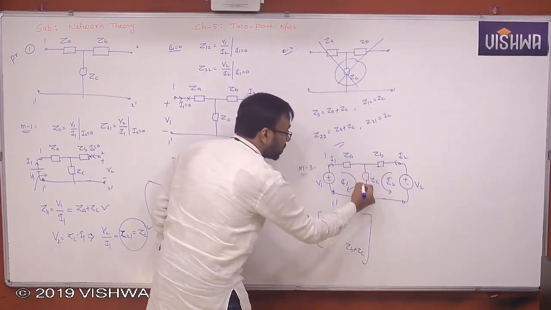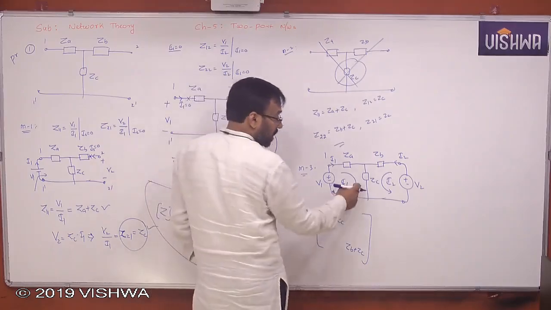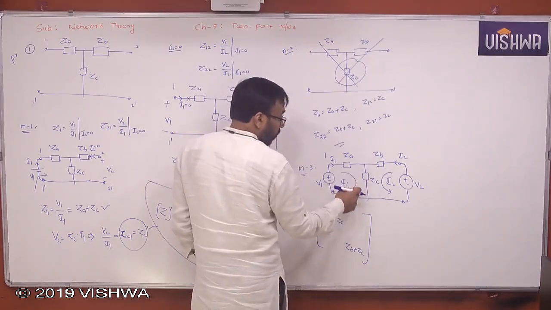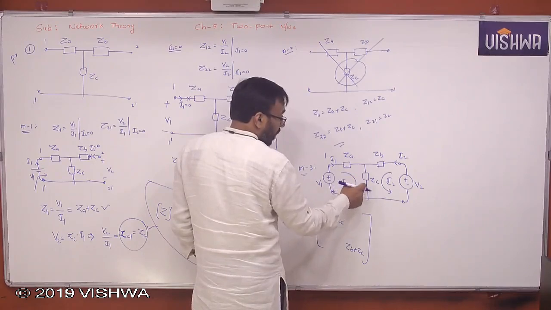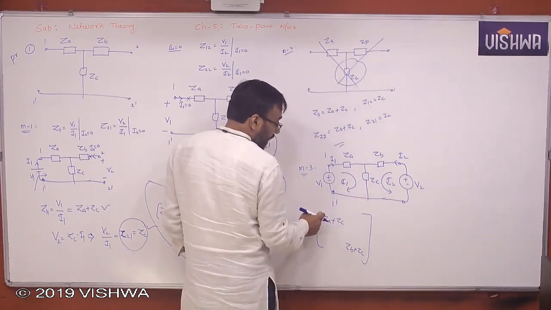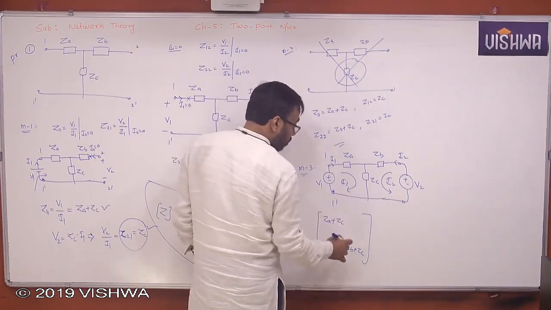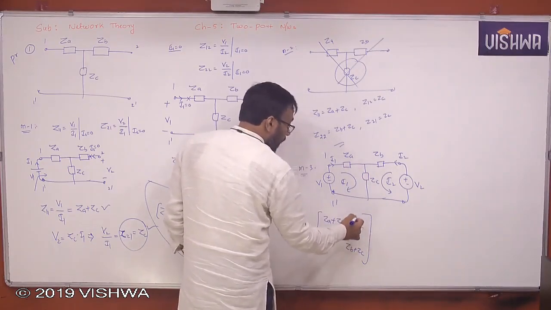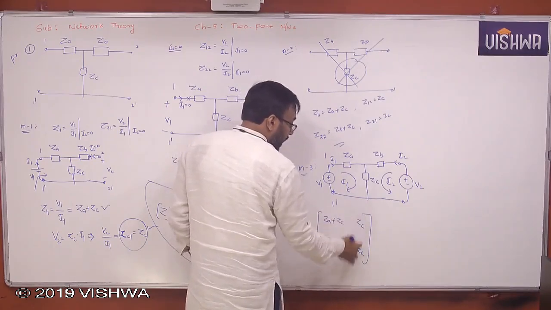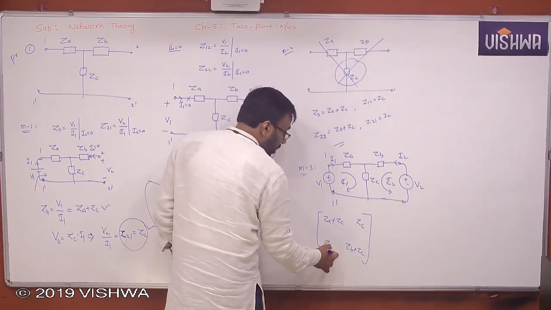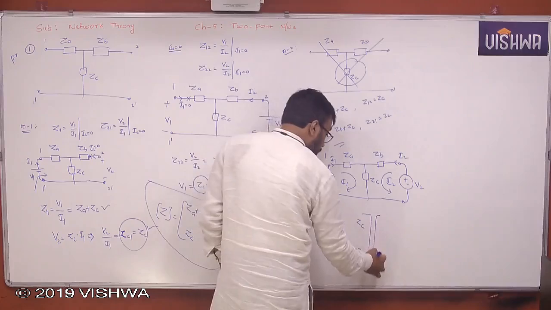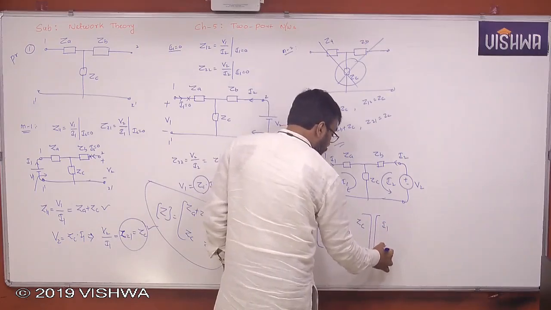Common element to the first and second loop: how are the loop currents flowing in the common element? Both are flowing in the downward direction. So same sign as the diagonal element. What sign is the diagonal element having? Positive sign. Therefore, it should also have a positive sign. So ZC. And first row, second column is the same as second row, first column. That is also ZC. Then into I1 and I2.